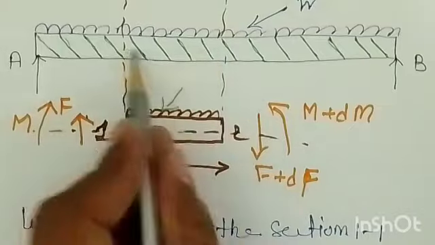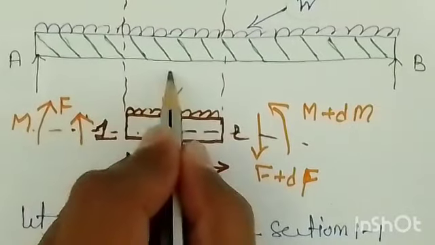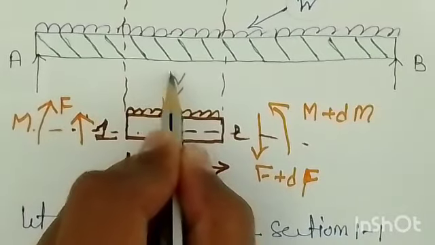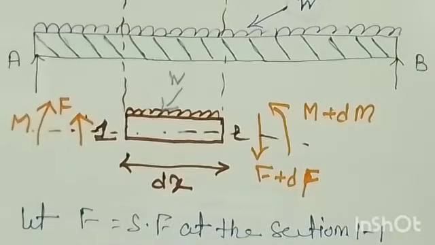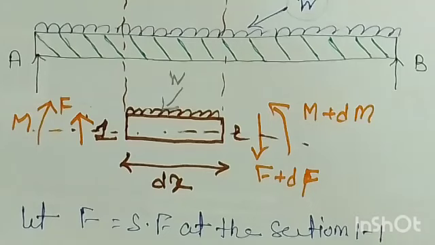So it means that on this portion also a load W is acting, that is, the UDL is acting over the dx length, is it or not? Whenever the UDL is given, we need to convert this UDL into point load. How to convert the UDL into point load? We need to multiply the load with the length over which the load is acting.